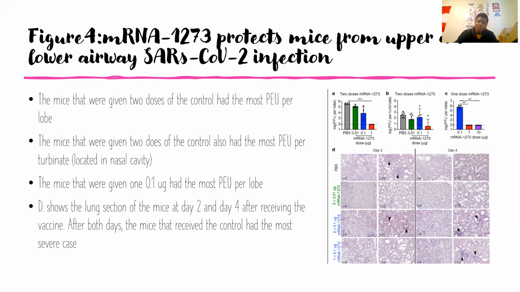The mice given the 2 doses of control also had the most PFU per turbinate, which is located in the nasal cavity of the mice.